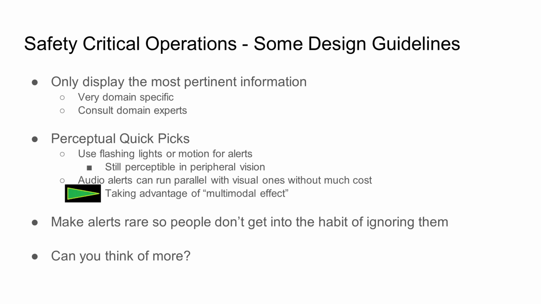And the way I understand that effect is adding extra auditory information in your environment doesn't actually take away from any budget from your visual perception. So you can think of them almost as two different piles of cognitive budgets, and anything that you put on the visual budget doesn't take away from the audio budget, so you might as well use them all up.